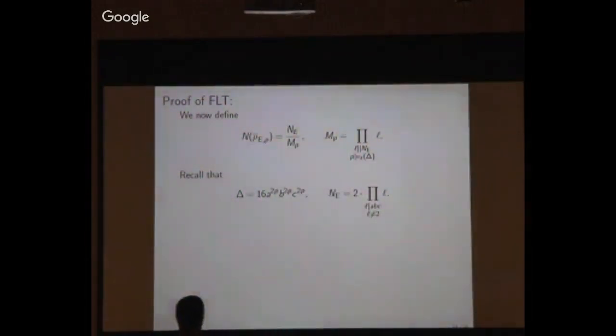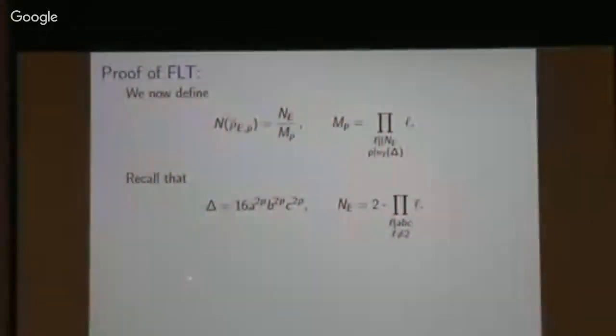Okay, it's back working. If you look into the expression for delta and the conductor, you can see now that every prime that divides the conductor divides it exactly once. So everything will satisfy this first condition here.